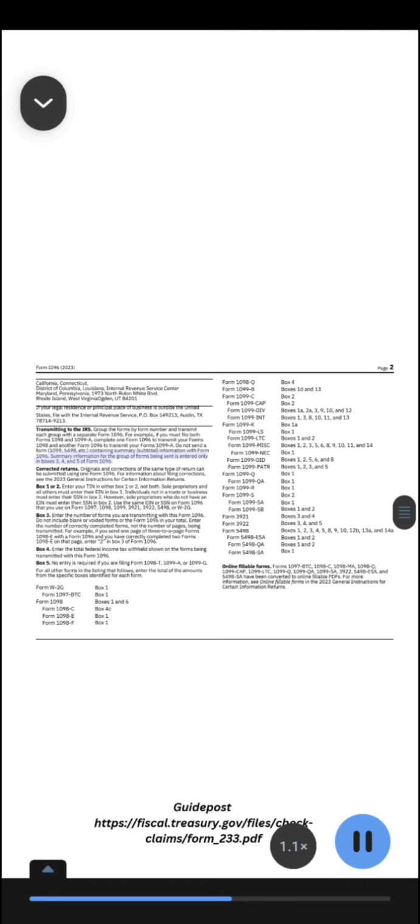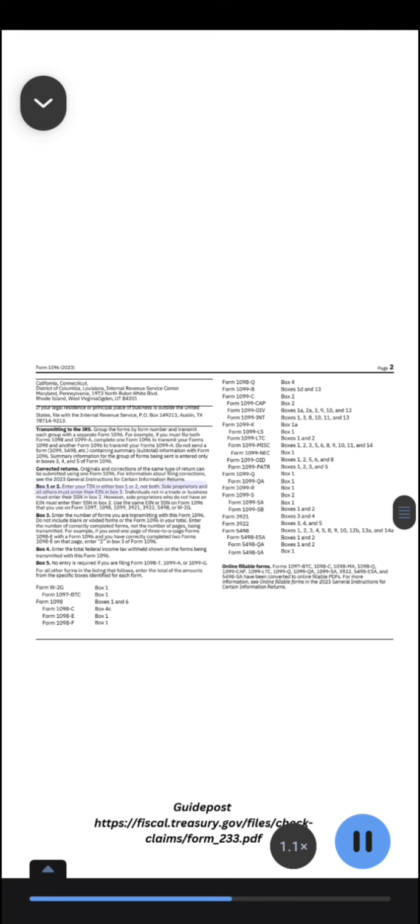Summary information for the group of forms being sent is entered only in boxes 3, 4, and 5 of Form 1096. Corrected returns. Originals and corrections of the same type of return can be submitted using one Form 1096. For information about filing corrections, see the 2023 General Instructions for Certain Information Returns.